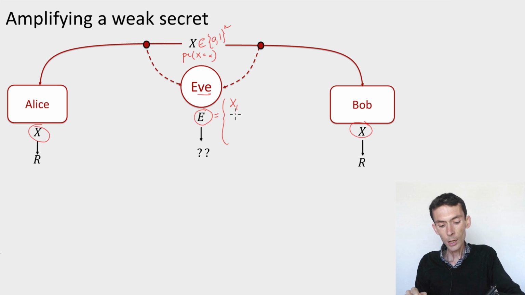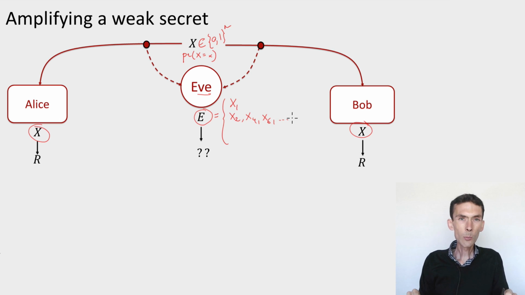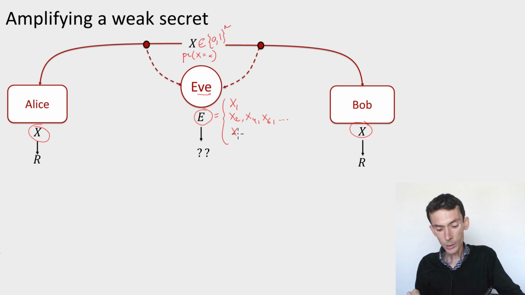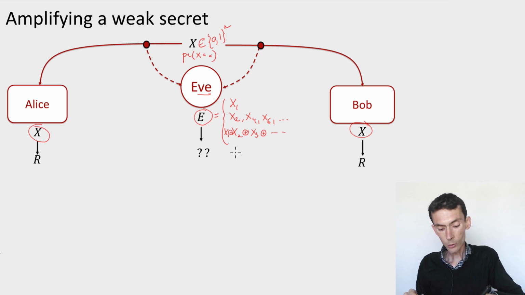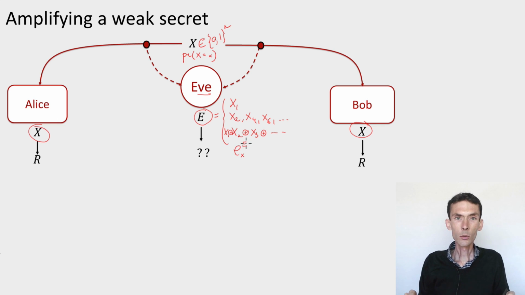Or, for instance, E could contain all the even bits of x, x2, x4, x6, etc. Another example is that E could contain the parity of those bits, x2 plus also x1, x2, x3, etc. In general, E could even be a quantum state, and that quantum state is a state rho_x^E that depends on x. For instance, it could be an encoding of x in the computational basis or the Hadamard basis, or maybe a mix of these two bases. So any kind of side information that the eavesdropper has kept.